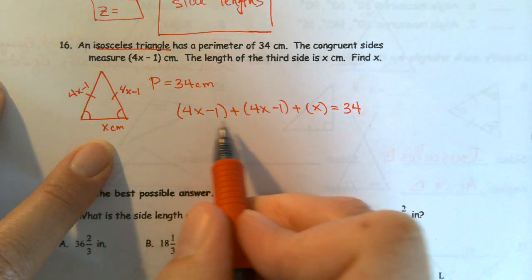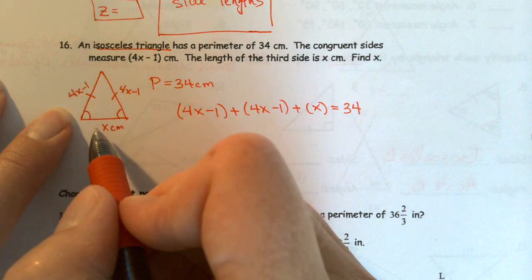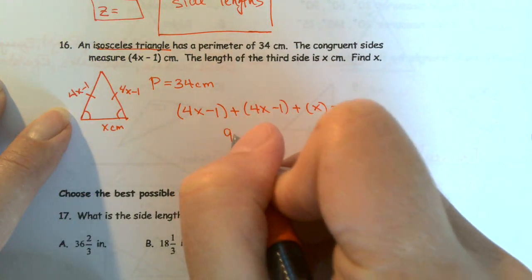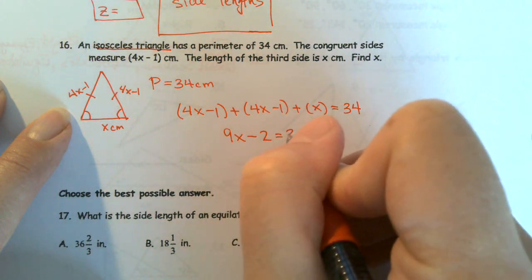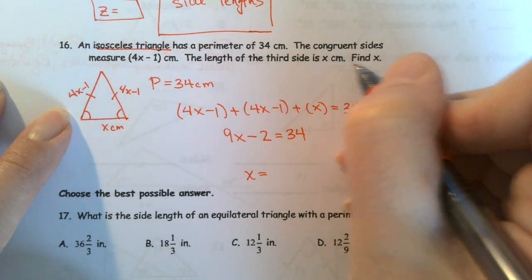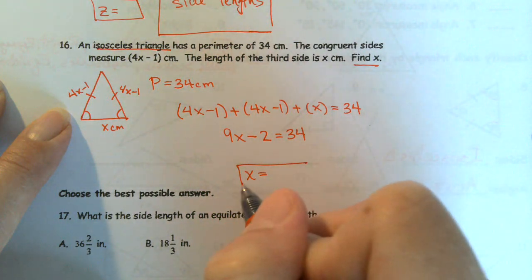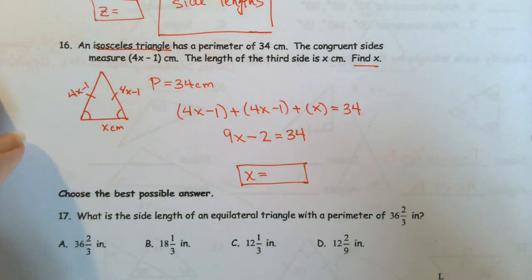Now, I truly don't need all of this. Some of you will just walk around and say I have 4, 5, 9x. I have minus 2, so 9x minus 2 equals 34. And then you need to solve it from there and find x. And that is all it asks you to do. So once you find x, you are done. But you could plug it in and find the length of each side.